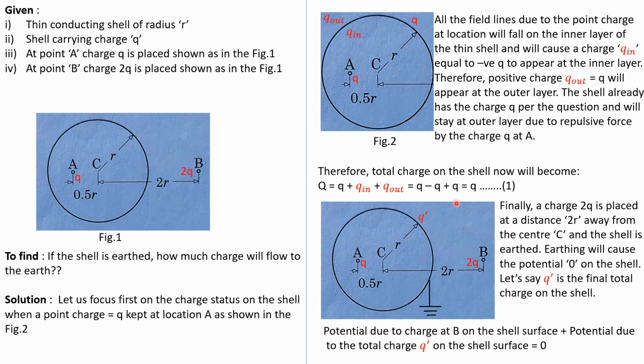So capital Q will be equal to small q. This has happened when the charge of amount q is kept or placed at point A.